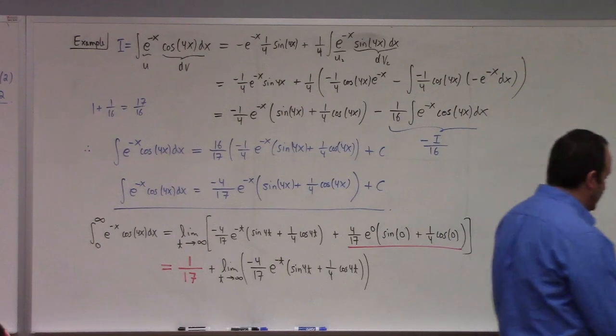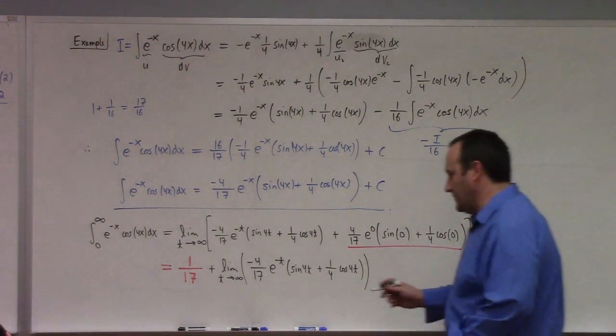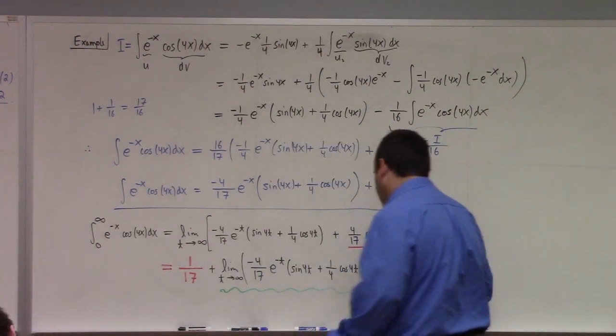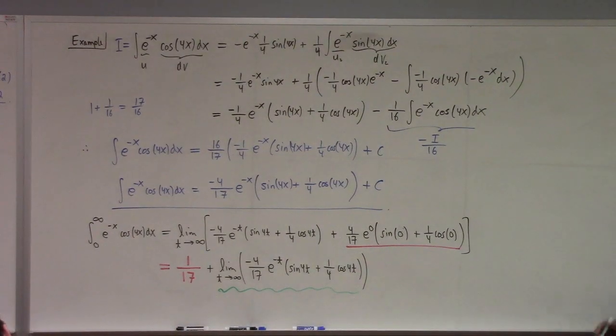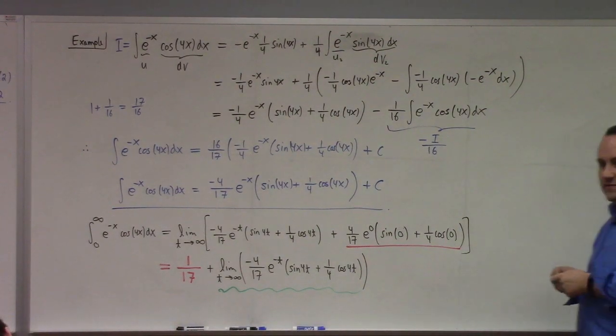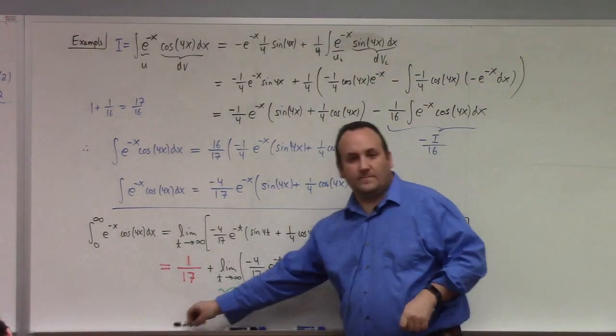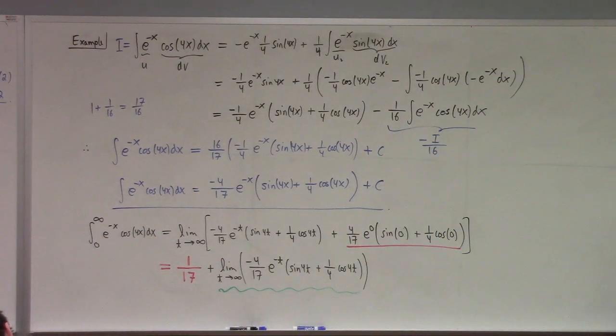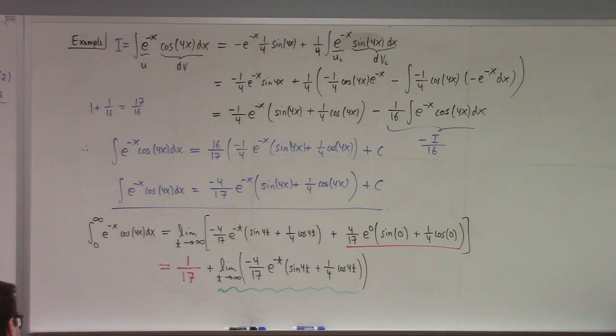The question then is, what on earth do we do with this piece here? How do I understand that? See, we can't just use limit laws, right? Because you guys tell me, what's the limit as t goes to infinity of sine of 4t plus 1/4?